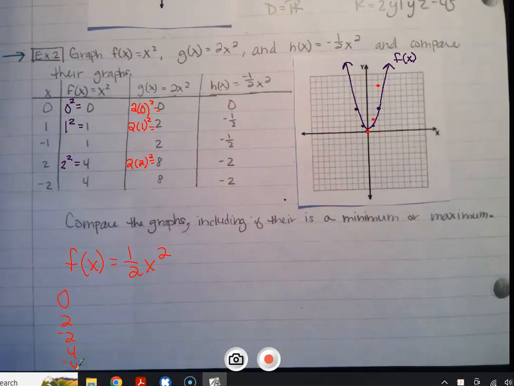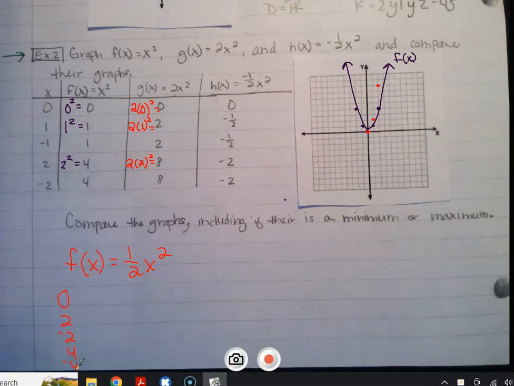So these aren't random, but those are just your standard: 0, negative 1, 1, 2, negative 2, unless you want to do something different. You could pick any number you want, but you have to have a graph big enough to help you graph it. So don't pick like 100.